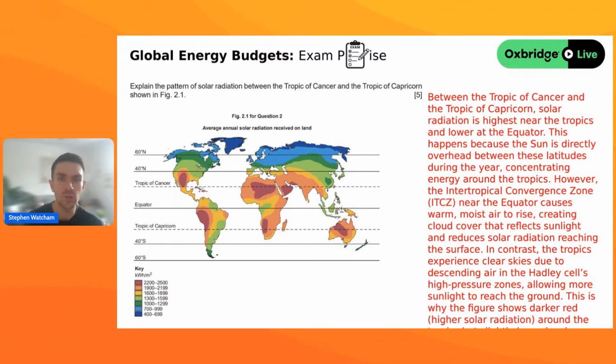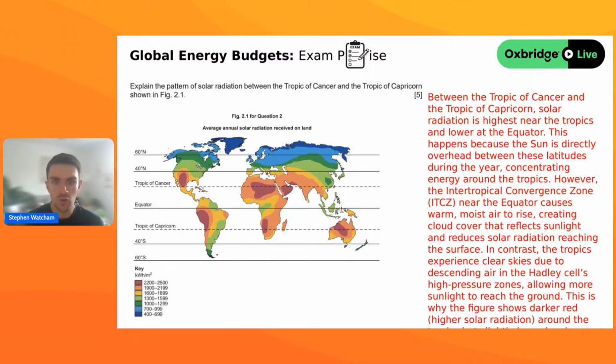So our answer here is: between the Tropic of Cancer and the Tropic of Capricorn, solar radiation is highest near the tropics and lower at the equator. This happens because the sun is directly overhead between these latitudes during the year. This concentrates our energy around the tropics. However, our ITCZ near the equator causes warm, moist air to rise, creating cloud cover that reflects that sunlight and reduces solar radiation reaching the surface.